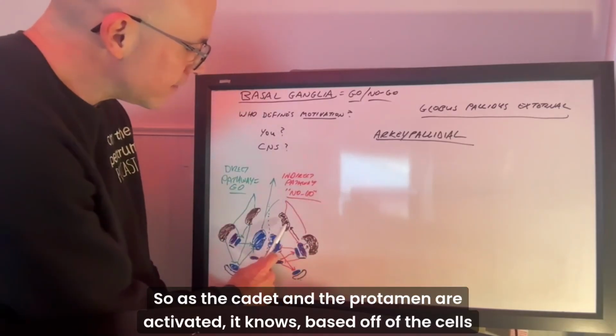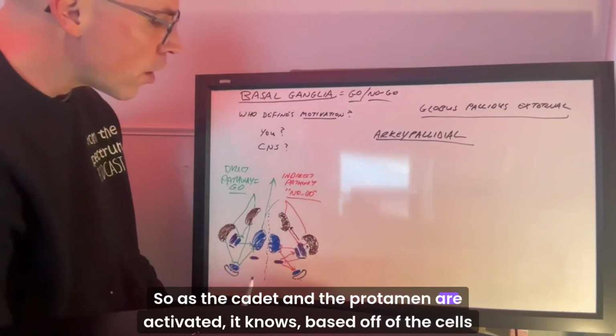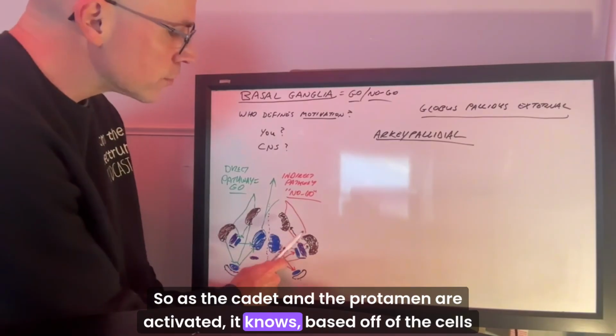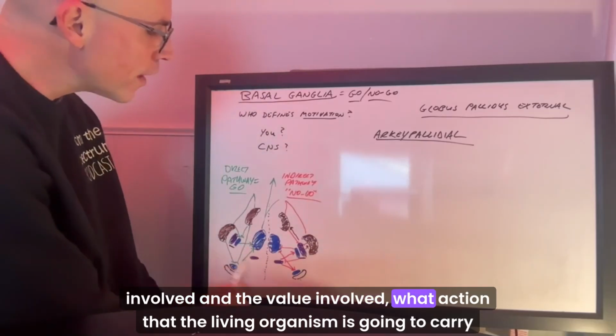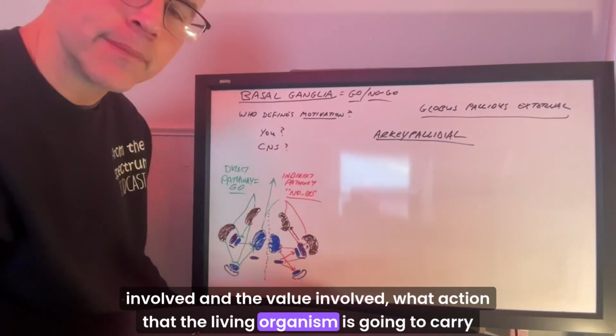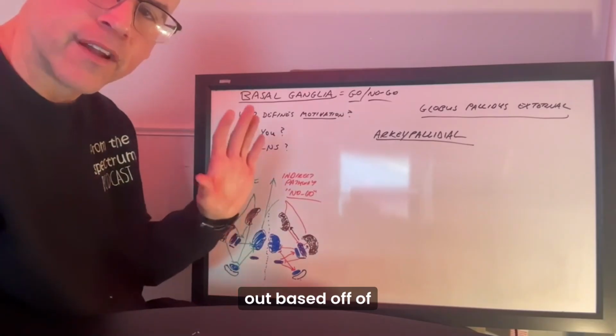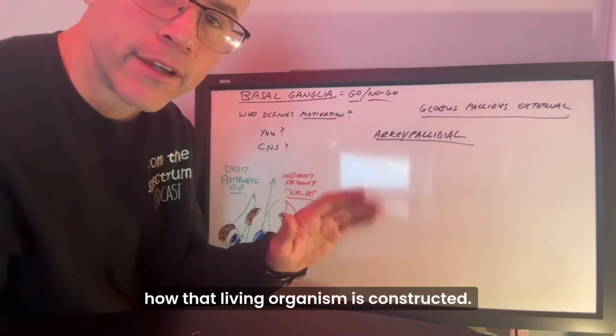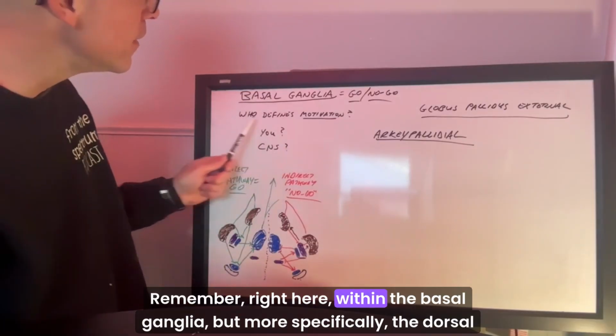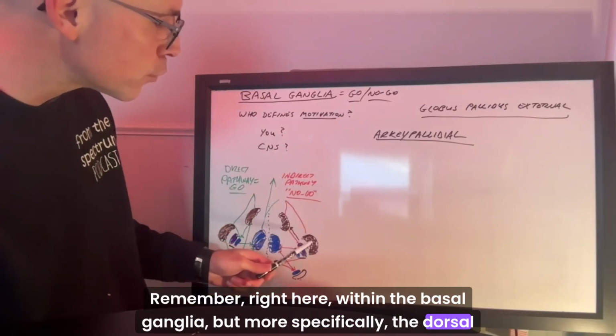So as the caudate and the putamen are activated, it knows, based off of the cells involved and the value involved, what action the living organism is going to carry out, based off of how that living organism is constructed. Remember, right here, within the basal ganglia, but more specifically, the dorsal striatum.